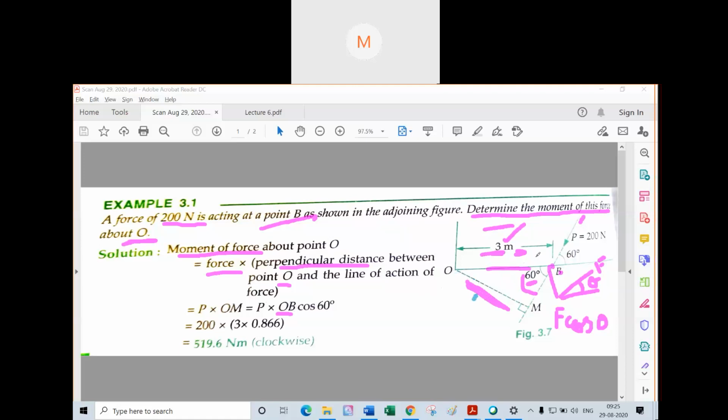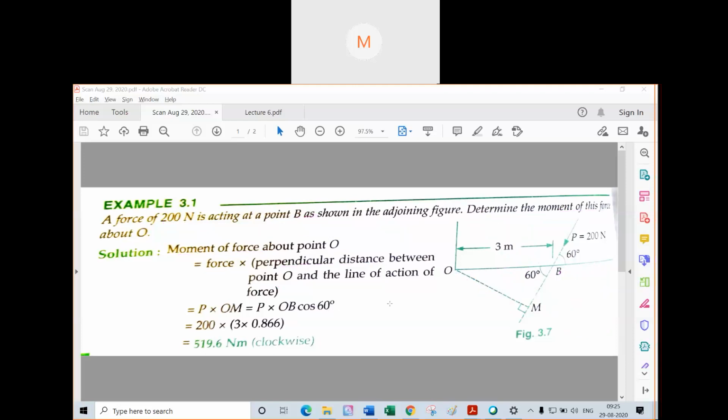So if you take this cos theta component, or you can just note it like this. Cos theta is equal to what?